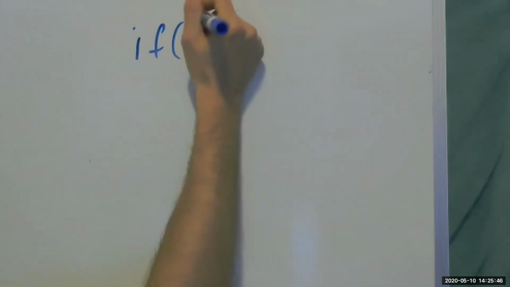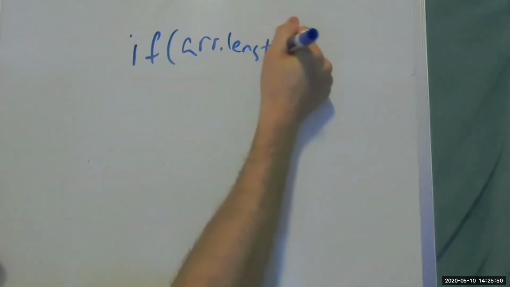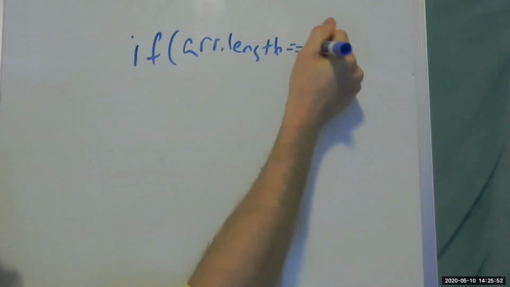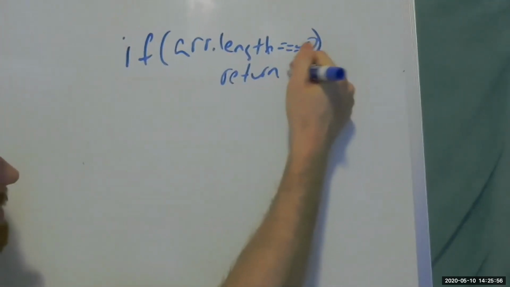So essentially, in this scenario, we would just have the one base case, which is if our array dot length is equal to 0, we can go ahead and return false.